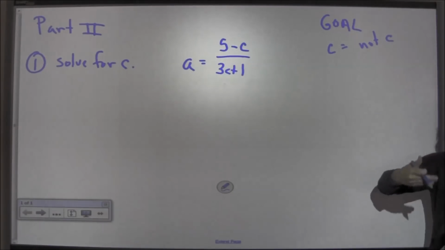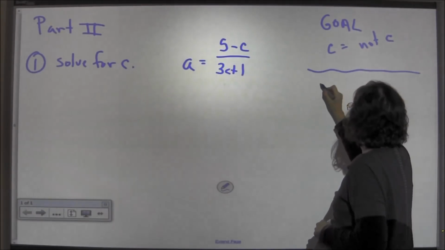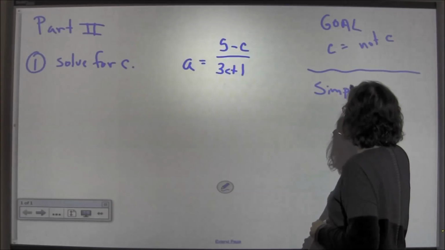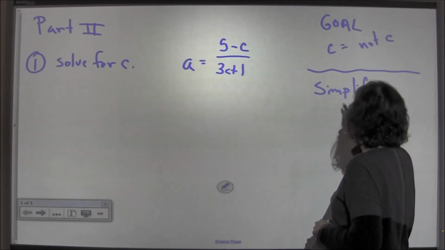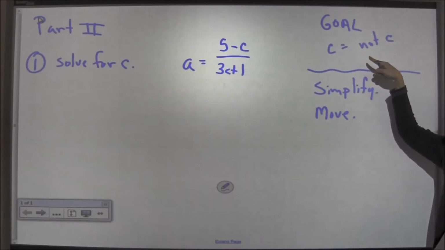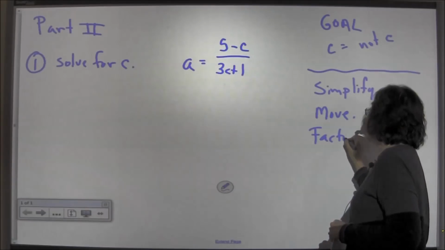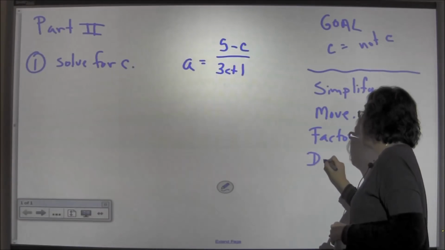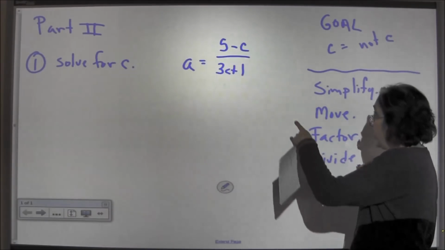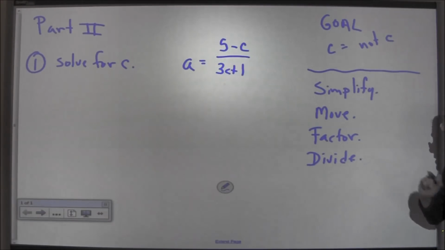And so the guideline that I've given you guys is what you think about is you think about simplifying the equation. Then you move terms around, keeping the goal in mind. Then you factor. And the last thing you're going to do with these multivariable equations that you've had is divide, the last thing you're going to do.